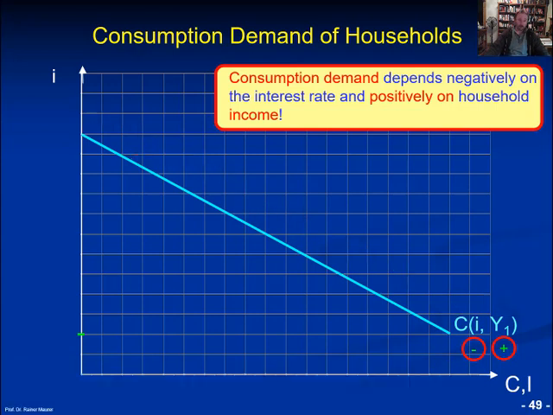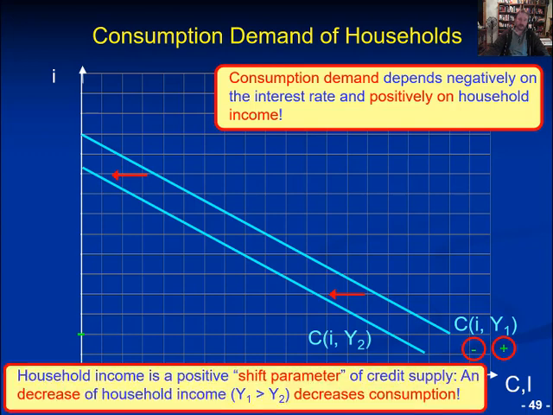If income falls, then we have to shift the consumption curve to the left. Hence, a decrease of household income shifts the consumption function to the left.